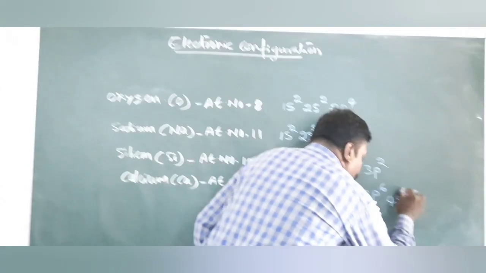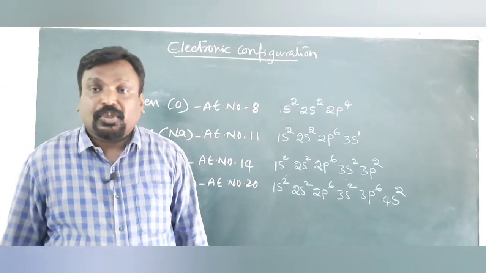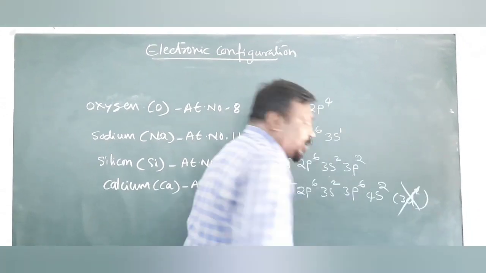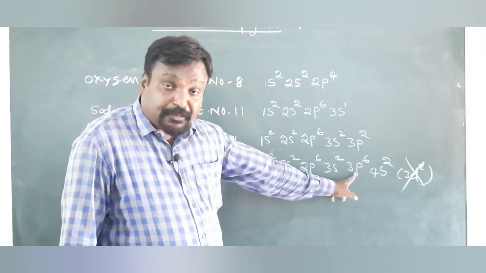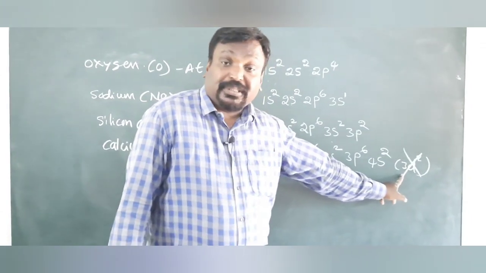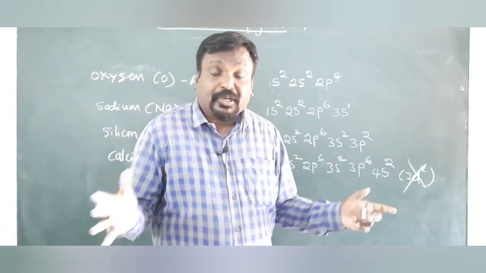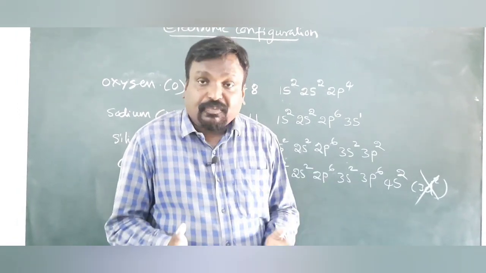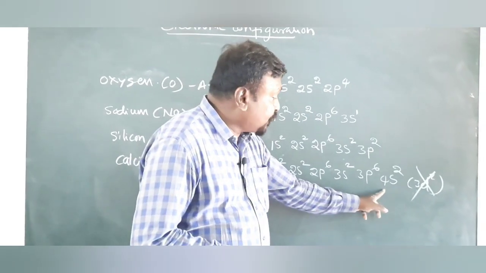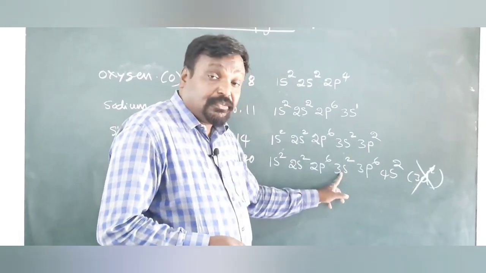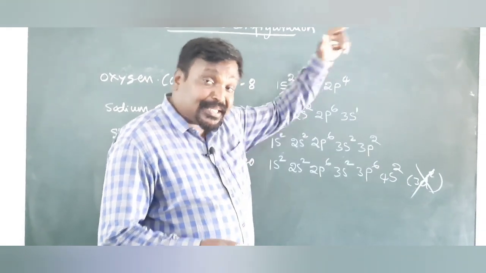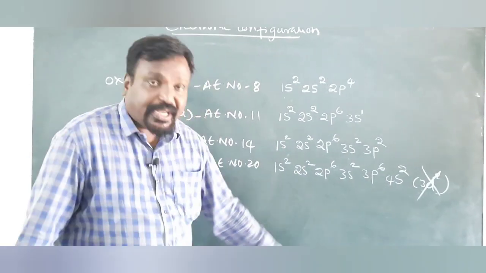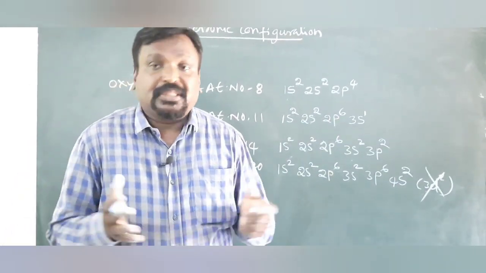If you write 3d2, it is wrong, because the d orbital has a high energy, so we have to follow the Aufbau principle. Following the Aufbau principle, the electrons get filled up in the next higher energy orbital, that is the s orbital. This is how we have to write the electronic configuration of the different elements.